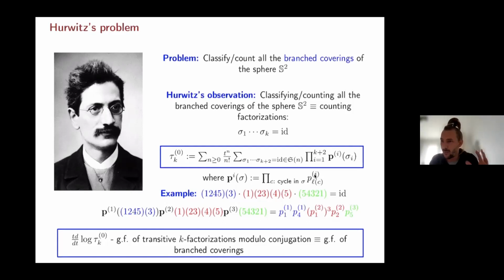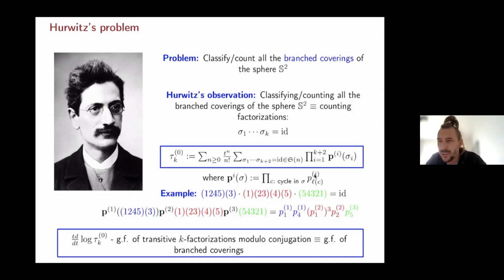These two things, rooted and connected, I will go back to later so that it will be more clear what I mean. An important thing is that this function, t d/dt of the logarithm of tau_k, is basically a generating function of branched coverings. So we formulated this geometric problem as a combinatorial problem.